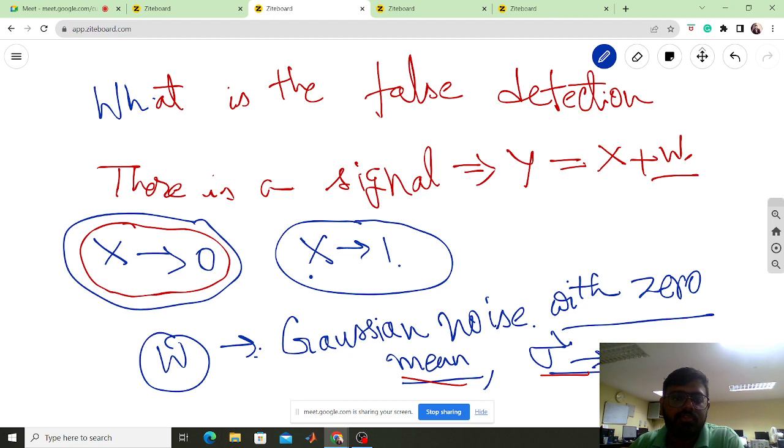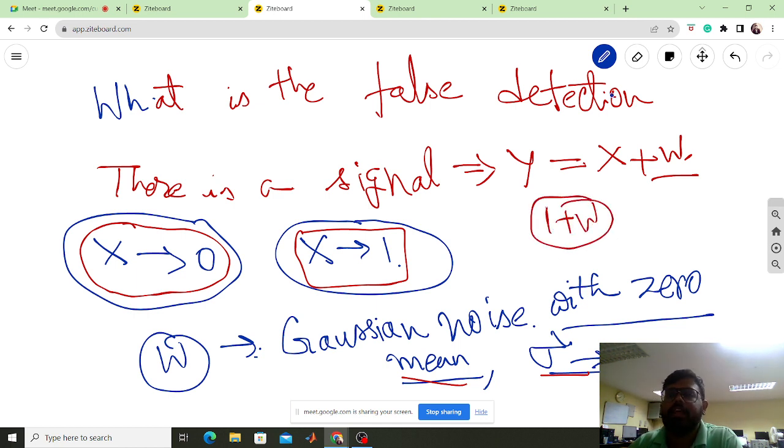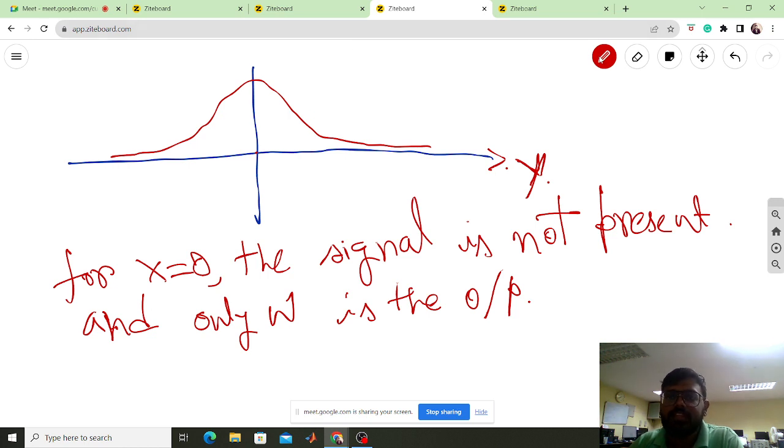Now suppose the signal is present, x equal to 1. So a constant term is getting added with W. That is 1 plus W. In this case, the distribution will be the same, just shifted.